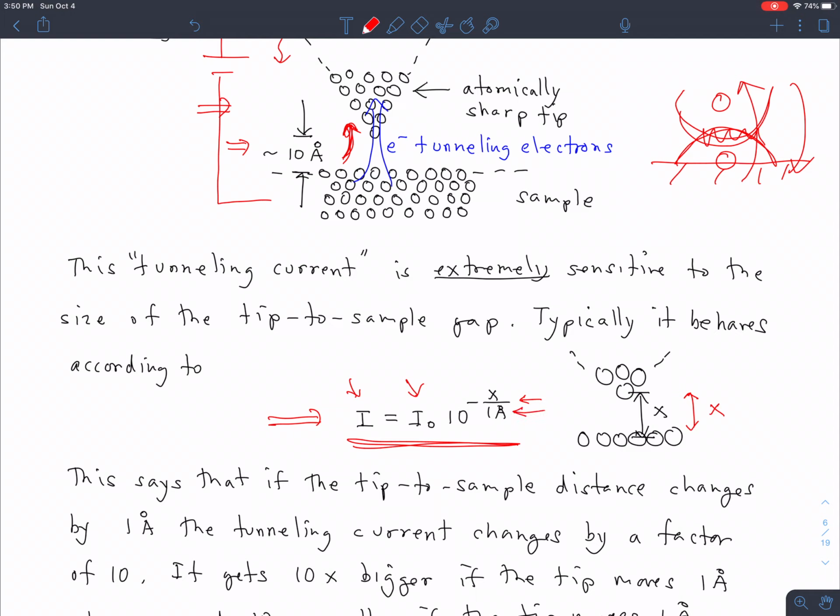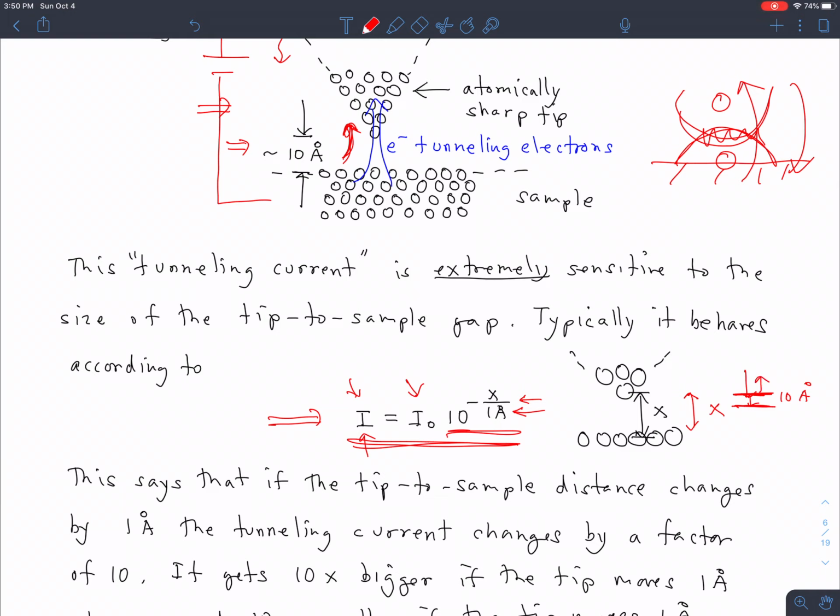In other words, if I move this tip, let's suppose I'm at 10 angstroms to start with, and I move it down to 9 angstroms, so it moves down closer by only 1 angstrom. According to this formula, that makes the current go up by a factor of 10.